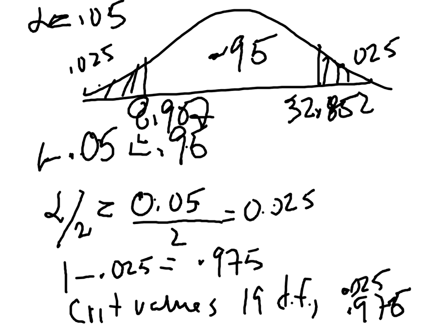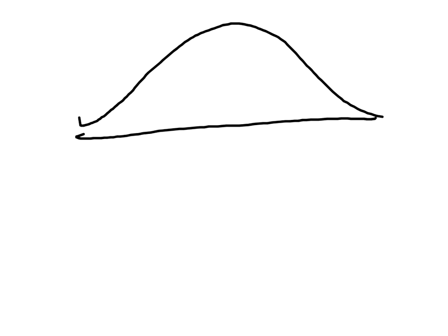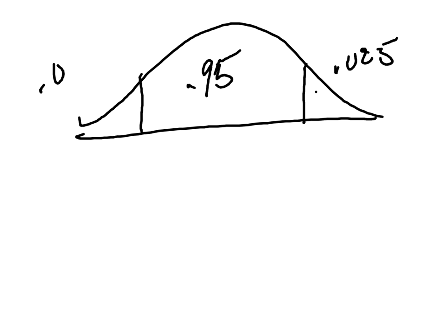Those are our critical values. And I'll see if I can clean that up just a little bit. If you have any doubt on how to get the values, you can just go back to Chapter 7, because this one we've done before for two-tailed.